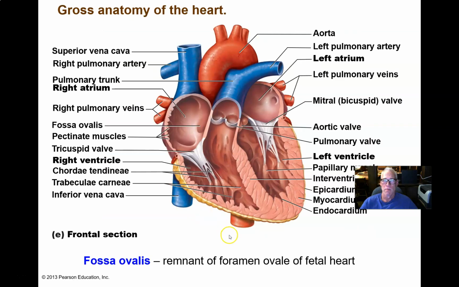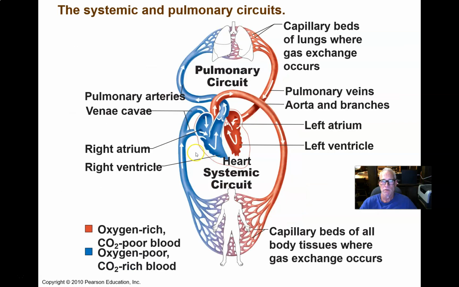One thing I should have probably mentioned, the artery valves here are called semilunar valves. These two big ones are called AV valves, atrioventricular valves. So the left AV valve is called the mitral valve, the right AV valve is called the tricuspid valve.